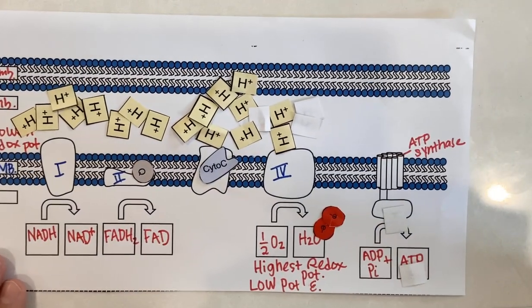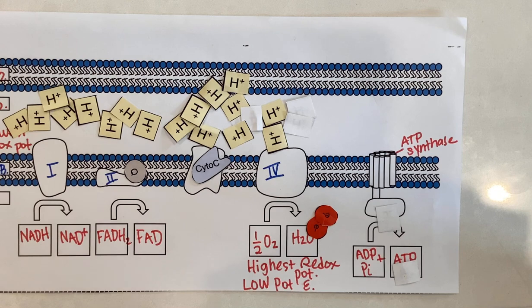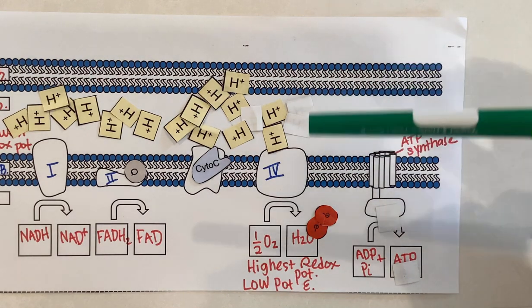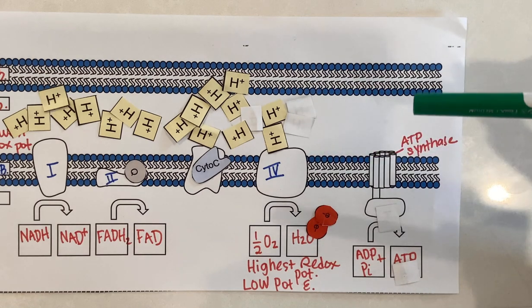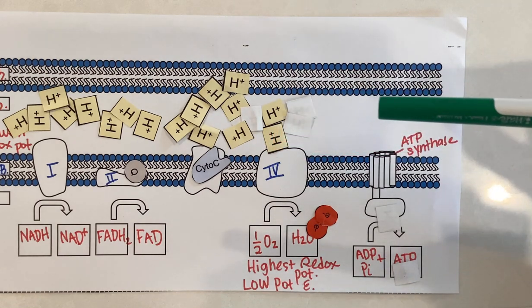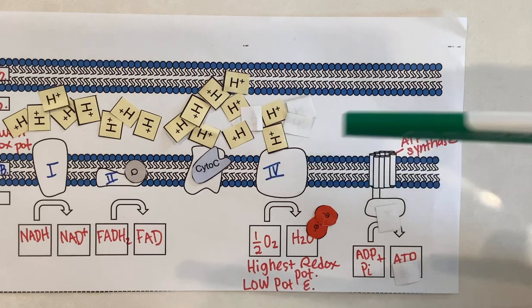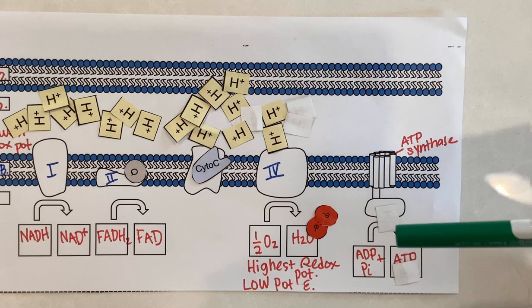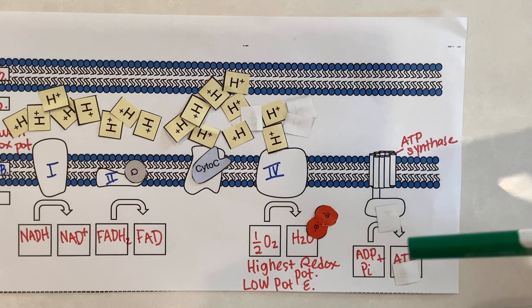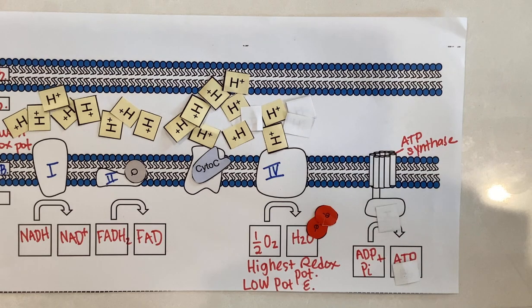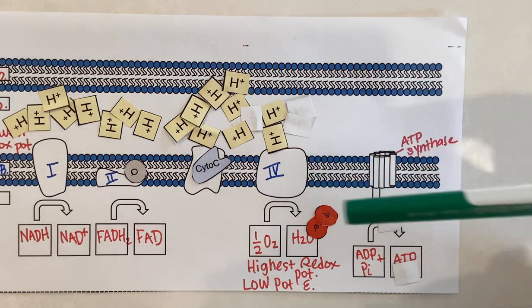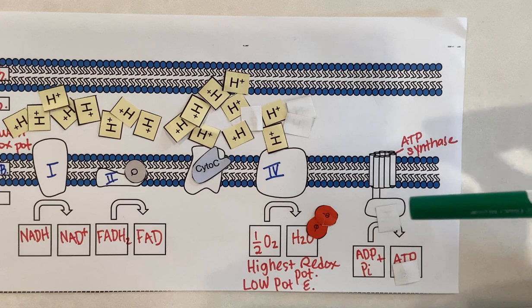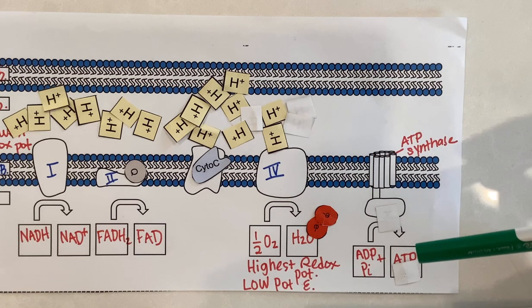Okay, so that moves us over to the next part of our electron transport chain. So now we're going to use this proton motive force to follow the flow of protons down their concentration gradient. We're going to convert that into energy. The process by which we're going to make ATP now is known as oxidative phosphorylation, because we relied on the whole process of the oxidation of carbon to get to the production of ATP here.